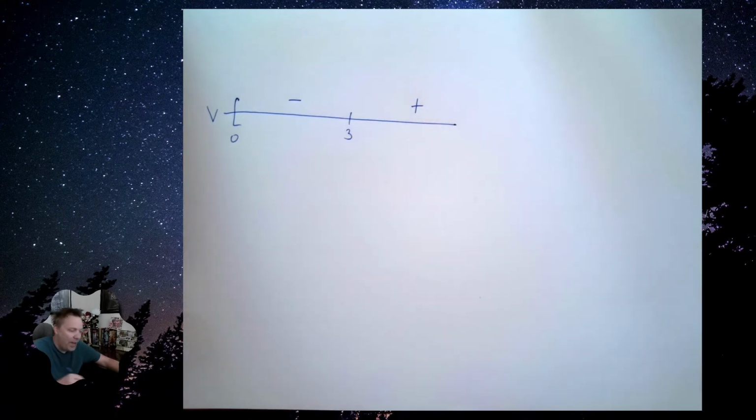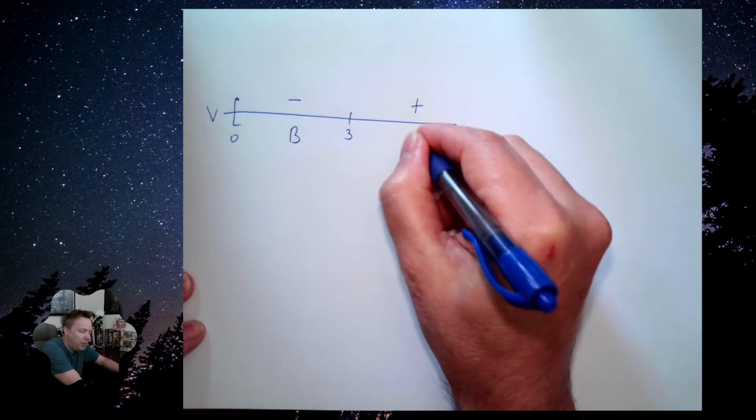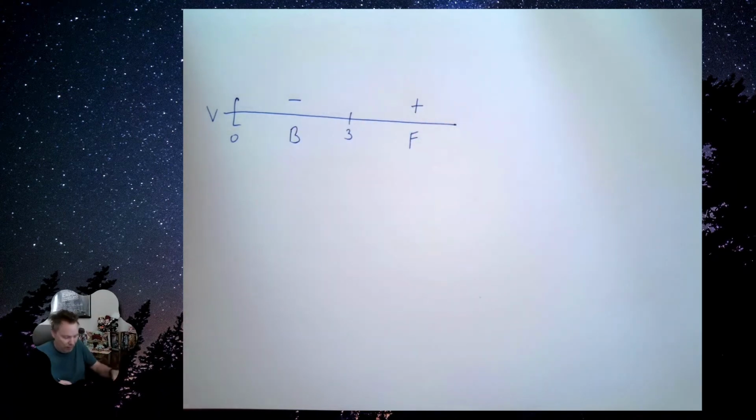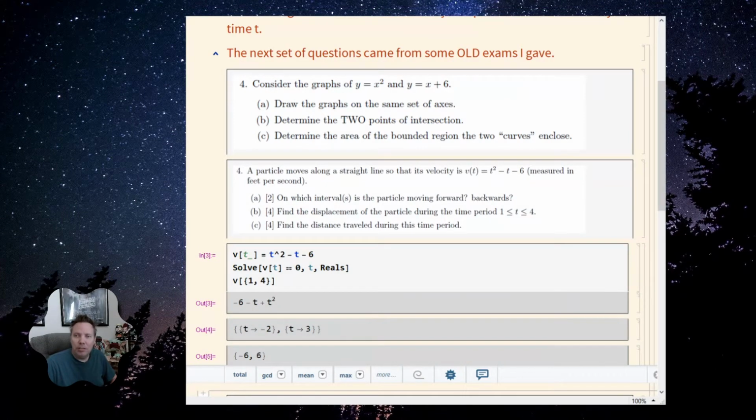I have a negative value between 0 and 3 for the velocity and a positive value for t values greater than 3. So the particle is moving backwards here and forwards here. Now if I look back at my question, I've answered at least part A.